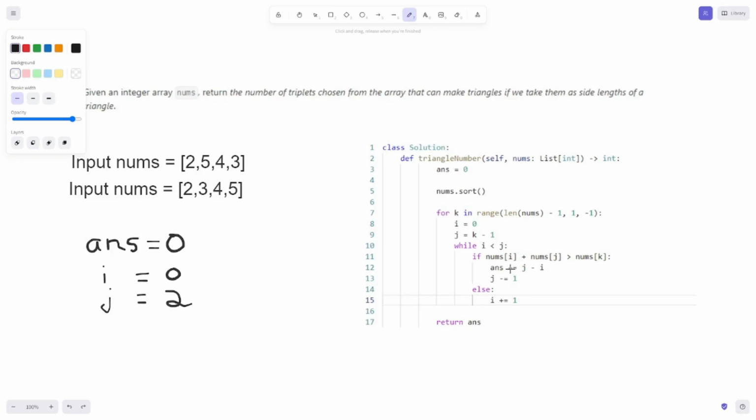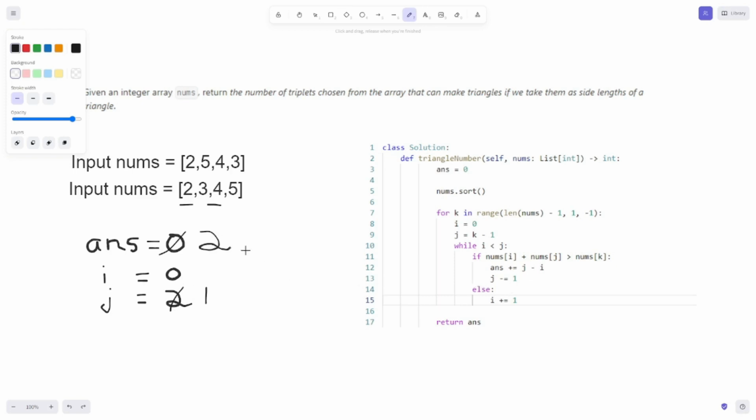Then while i is less than j, 0 is less than 2. This is true, so nums[0], 2, plus nums[j], 4, is that greater than nums[k], 5? 2 plus 4 is 6. 6 is greater than 5, yes. So answer is j minus i, 2 minus 0. And that is 2. So answer becomes 2 now, and j becomes 1.